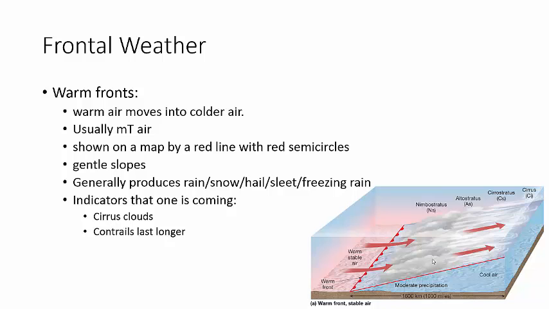Indicators that it's coming are the cirrus clouds, as you can see here, and contrails, the things that go behind planes, those last a little bit longer. Now, I can't really tell on that, but whatever. I don't look up at the sky and time my contrails. Maybe I should start. That could be a good experiment.